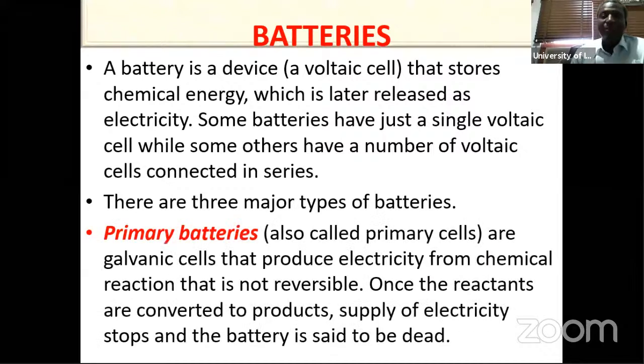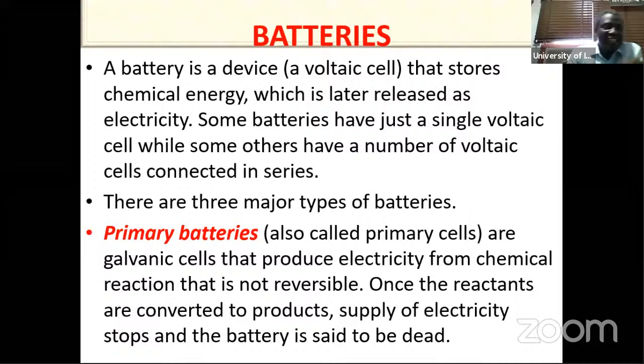The first ones are primary batteries. They are sometimes also called primary cells. Is that okay? So when you have primary batteries, primary cells, we are referring to the same thing. Just like I said earlier, they are galvanic cells. They produce electricity from chemical reactions. And the major characteristic here is that they are not reversible.